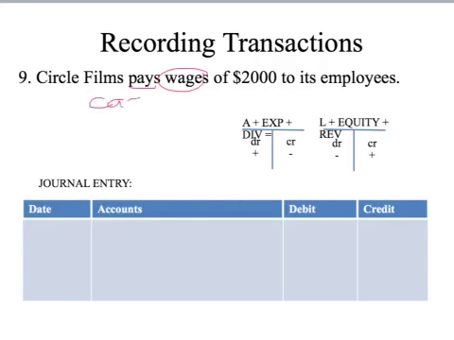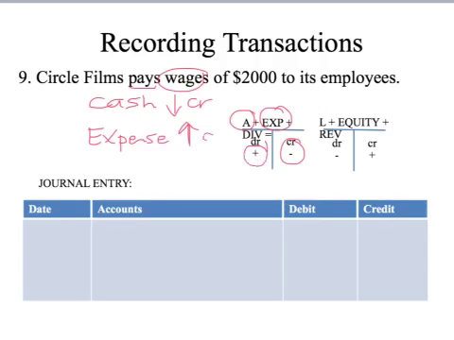You pay with cash. Wages is an expense. Every time you pay wages, your total expense is increasing. Cash is an asset. Expenses increasing, always debit. So write the expense first, and don't just write expenses. We need to write what kind of expense it is.